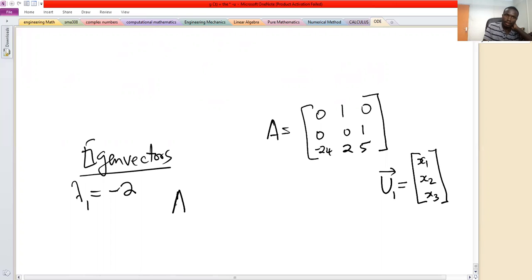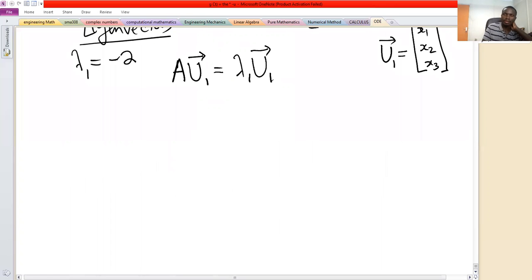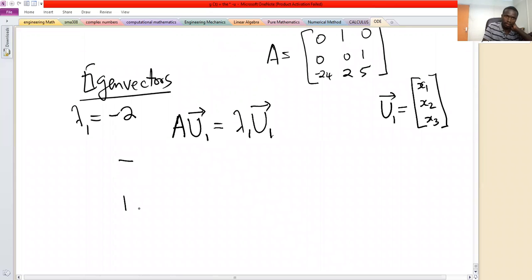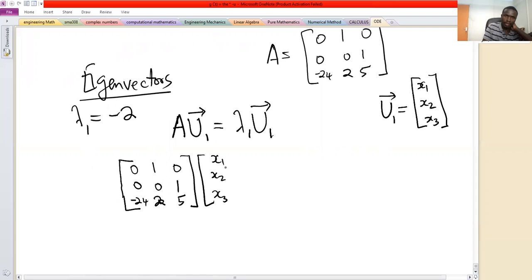So we need to solve the equation A u1 equals lambda 1 u1. So that we'll have 0, 1, 0, 0, 0, 1, minus 24, 2, 5, times x1, x2, x3 equals minus 2 times x1, x2, x3.